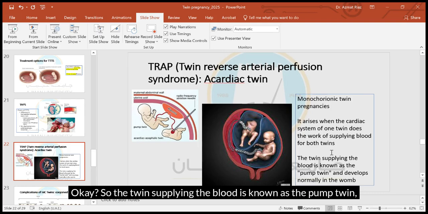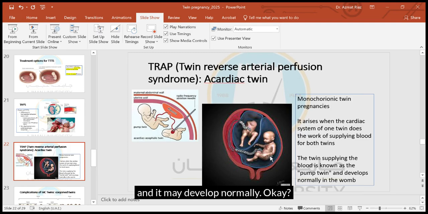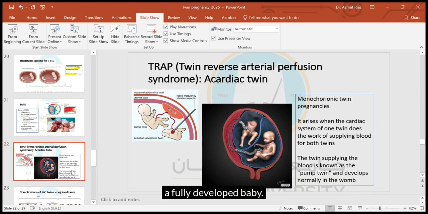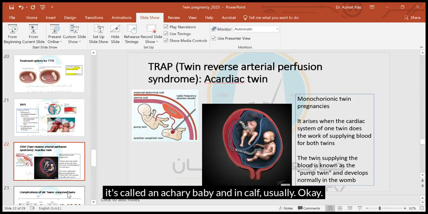The twin supplying the blood is known as the pump twin, and it may develop normally, like a full baby. But the other one who is dependent is usually not a fully developed baby. It is called an acardiac baby usually.